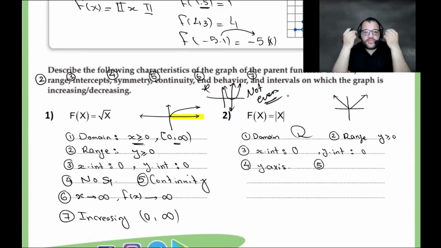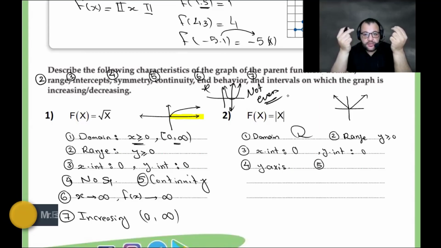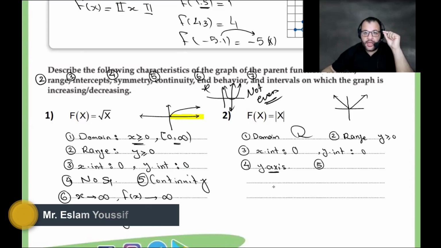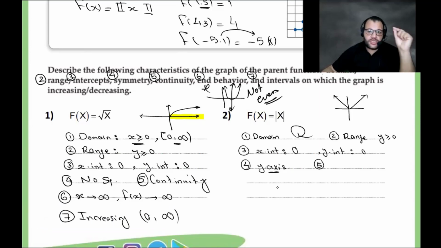If there is a symmetry across the y-axis, then the function is even. If there is symmetry with respect to the origin point, a reflection through 1 point, it means this function will be odd.